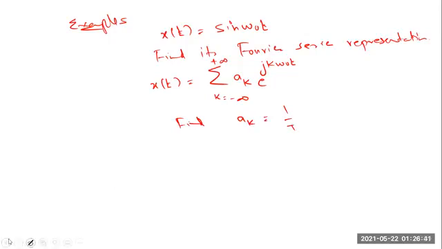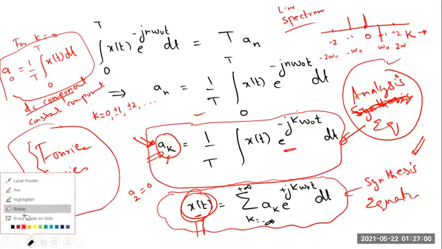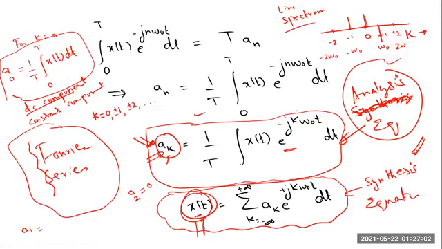One thing that I forgot to mention is, in these two equations, I have shown the interval of integration from 0 to capital T. But it doesn't matter. Even if you integrate over any interval, as long as it spans one period, it is going to give you the same answer. So I just need to say integration over one period.